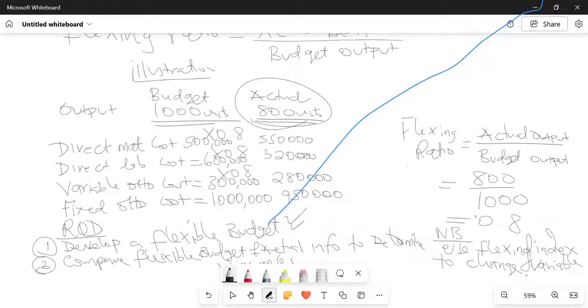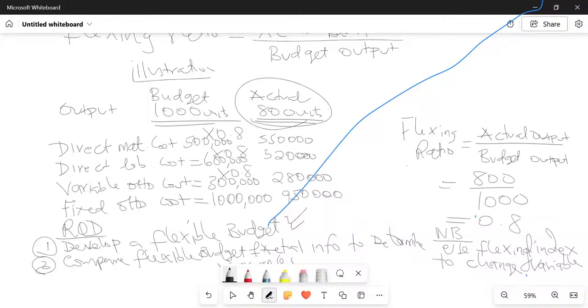What will happen to the fixed overhead cost? That will remain the same. That never changes. So we only change the flexible items, and those are variable or direct costs.